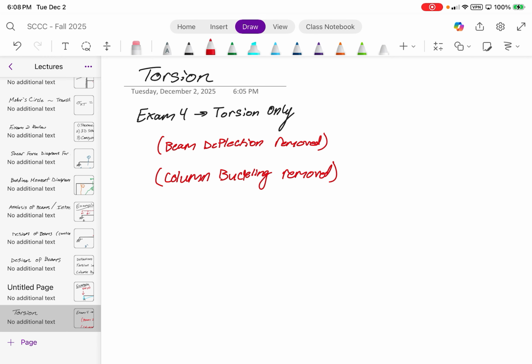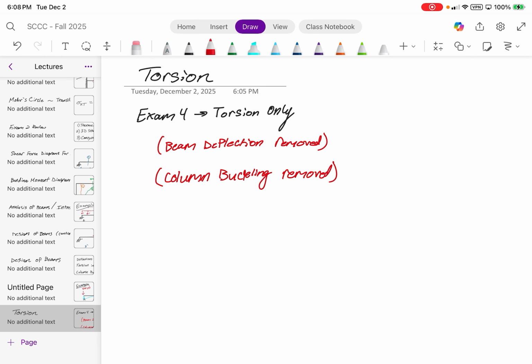For example, if you have an overhang on a building, let's say this is a beam, and this is an overhang for a concrete building, and let's say this is all monolithically cast. You might have some snow loads accumulating over here. That part of the beam is going to undergo some type of bending.